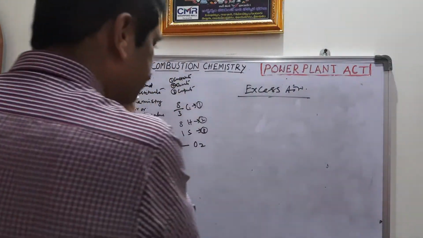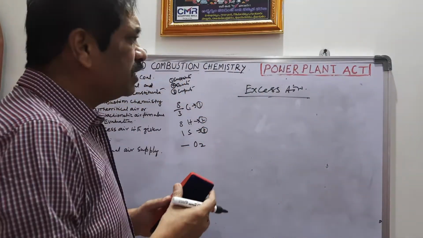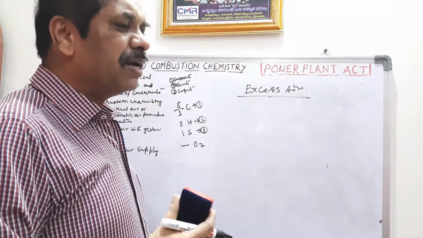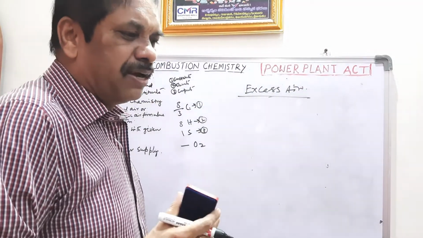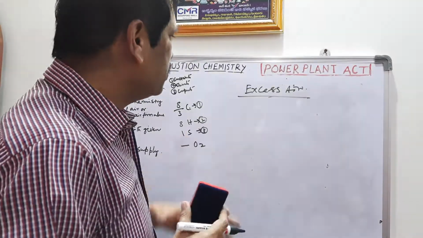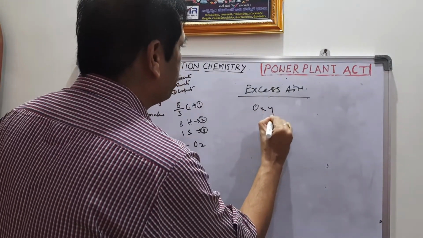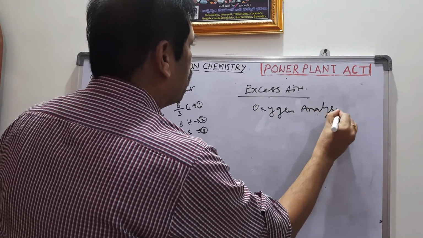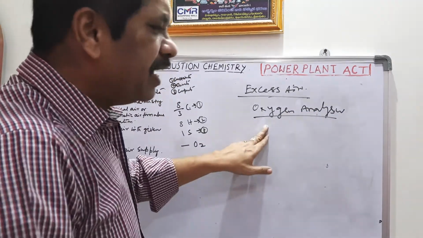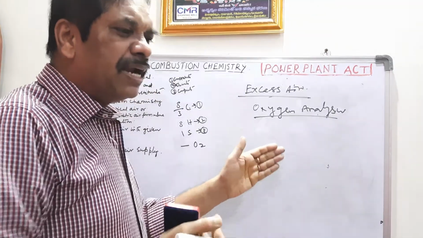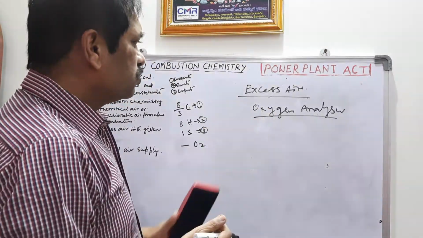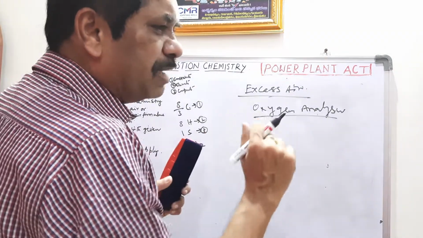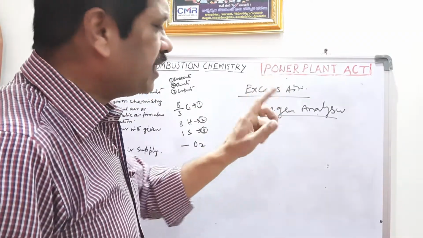Okay. So to get the formula of this excess air, actually in power plants there is an oxygen meter provided, called an oxygen analyzer. The oxygen analyzer is provided in between the economizer and air preheater duct. What is the use of this oxygen analyzer? It shows something like 5%, 6%, some digital value.